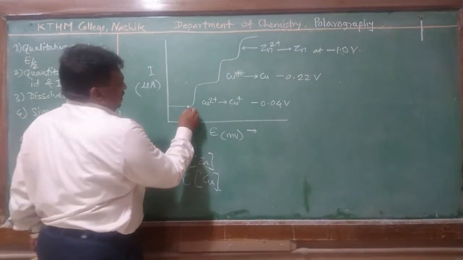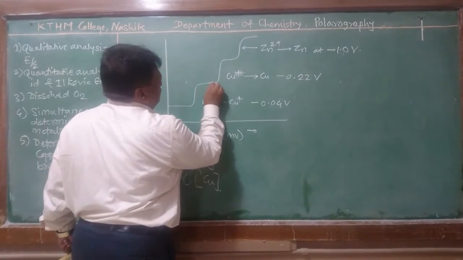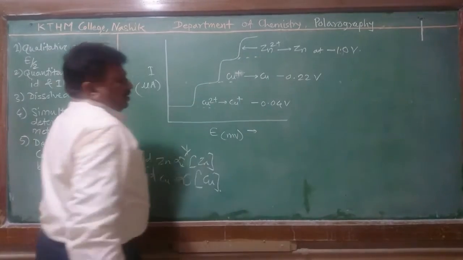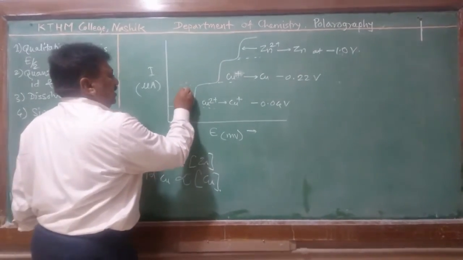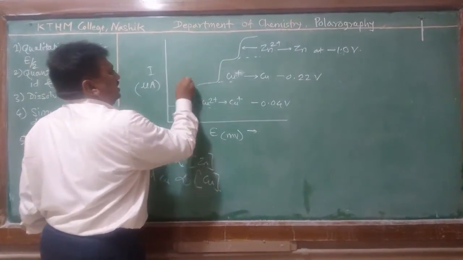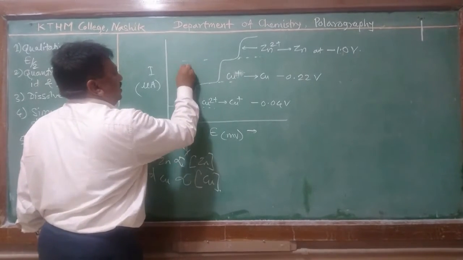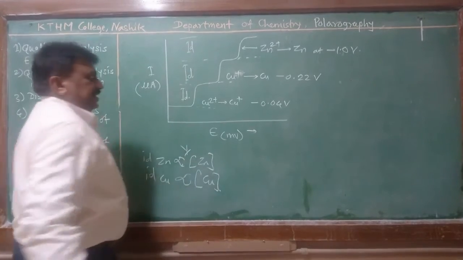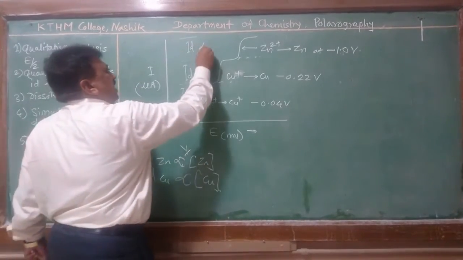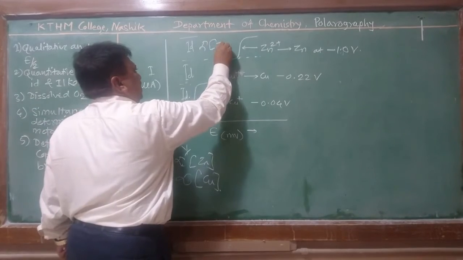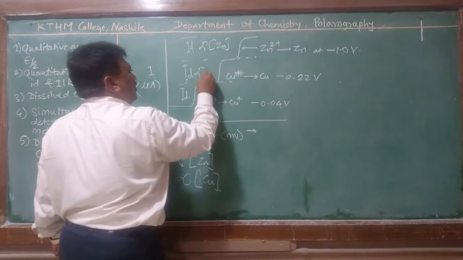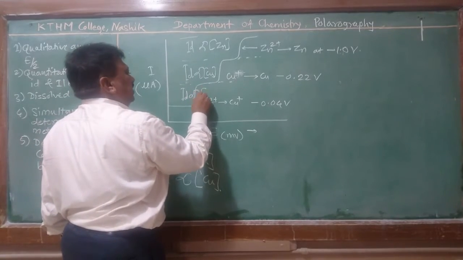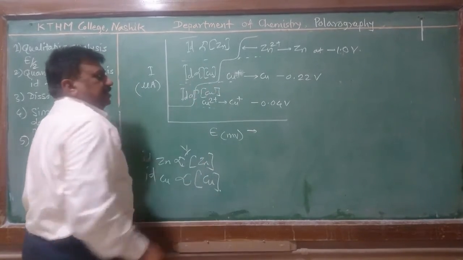Suppose this is the first Id, this is the second Id of copper, and this is the third Id of zinc. Therefore, this Id is directly proportional to the concentration of zinc, and this Id is directly proportional to the concentration of copper, or you may use this diffusion current for determination of copper.